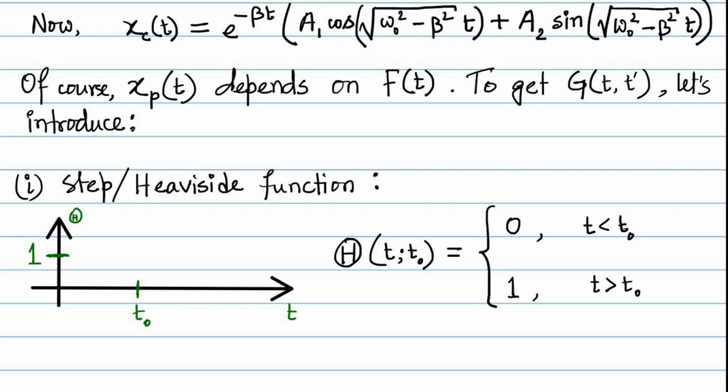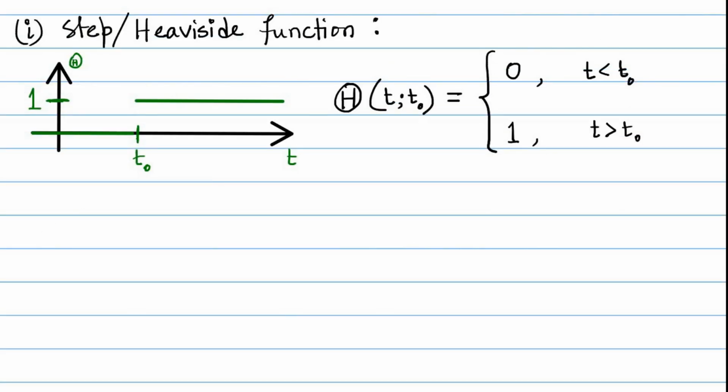Alright? So before the value t0, the value of the function is 0, and after it reaches t0, its value is 1 and remains so throughout the rest of the values for t.